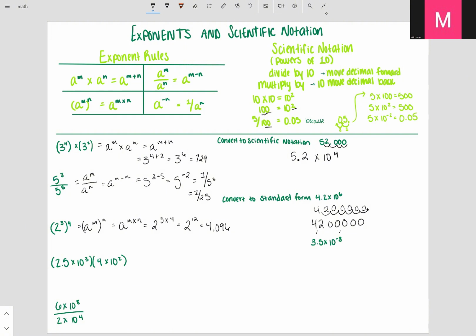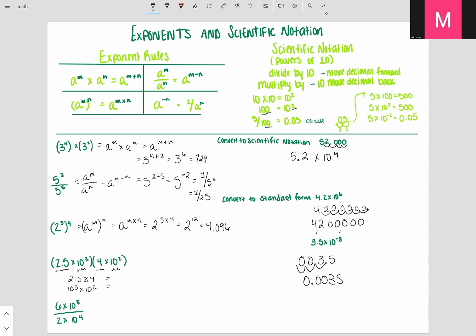And if we want to convert this one to standard form, we'll have 3.5 and we'll move the decimal forward 3 places. So 0.0035. Now with these ones over here, we can multiply these two and then multiply these two. So we'll have 2.5 times 4 and 10 to the third times 10 to the second.